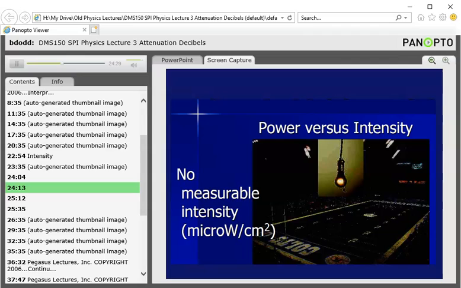So it doesn't work. Now we're talking about intensity. We're taking the same amount of power that we might have had for a reading lamp or for our dining room, and we're spreading it out over a really big area. And the intensity just drops right down to almost nothing.